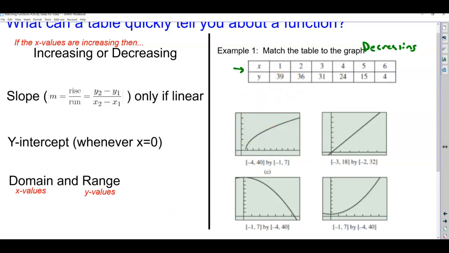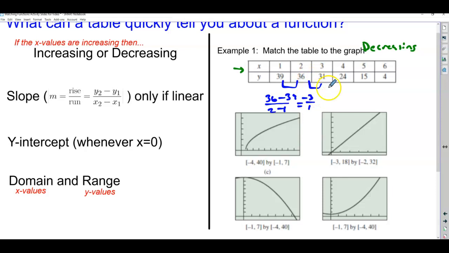Now, let's check a couple other things. What if I decided to check slope? Slope can be a good idea. I'm going to take my y2 minus y1 over x2 minus x1, and when I find the slope, I get negative 3 over 1, and a slope of negative 3 between these 2 points. But I can't be satisfied with just one pair of points.